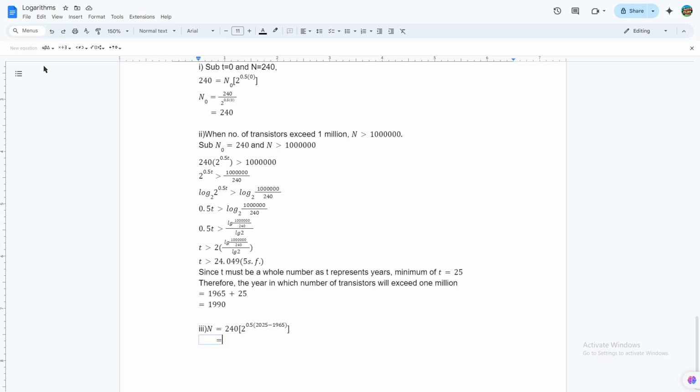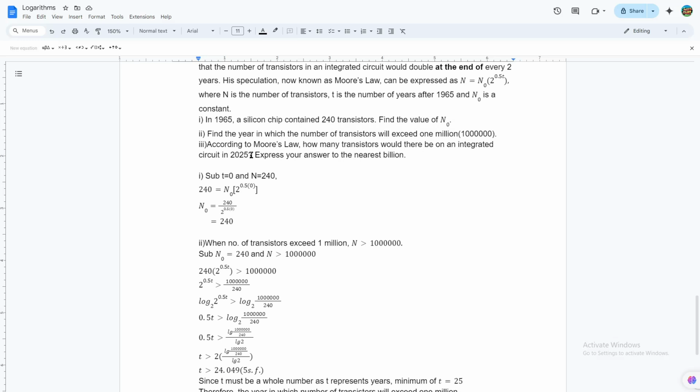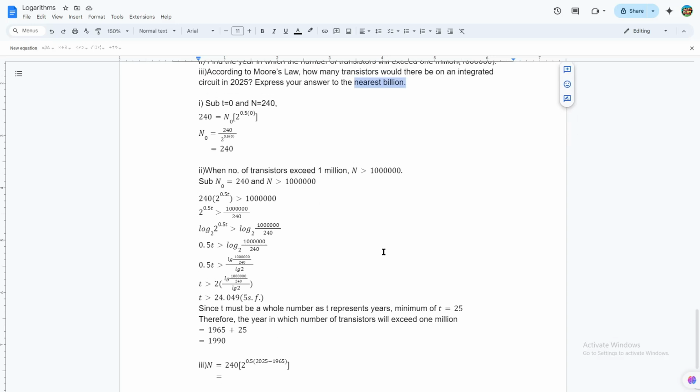So if we write it out, 257,698,0378 will be the first 9 digits. Since this question asks us to express our answer to the nearest billion, the last digits are not really needed, so let's say they are zeros.